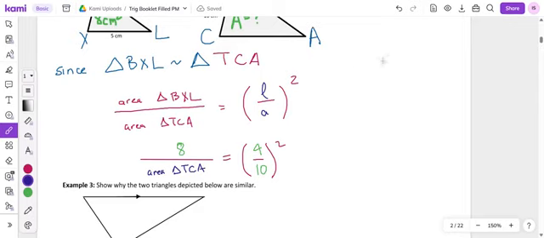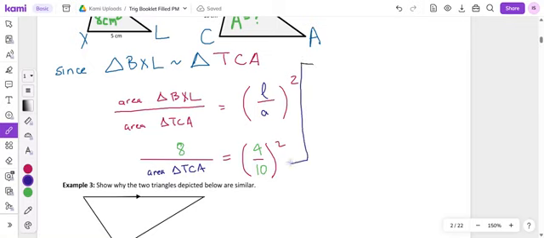Do you put the smaller number on top always? No. My preference is to put the bigger numbers up top, just because then my ratio is bigger than 1. But it actually doesn't matter at all.